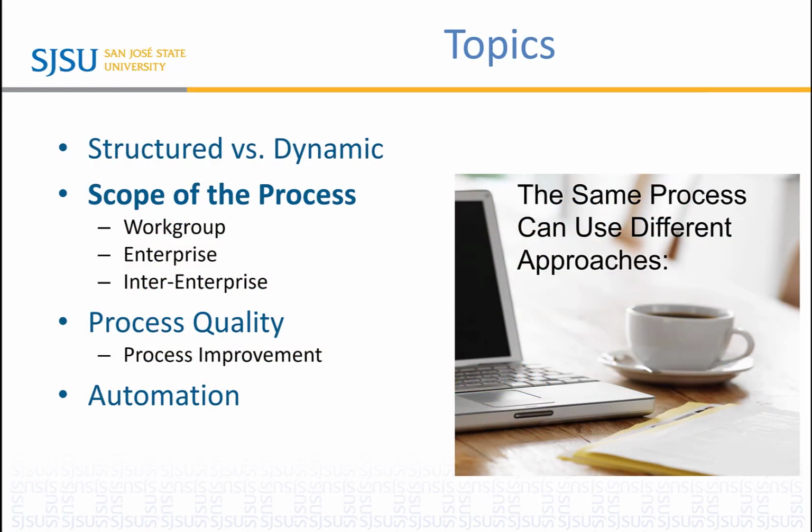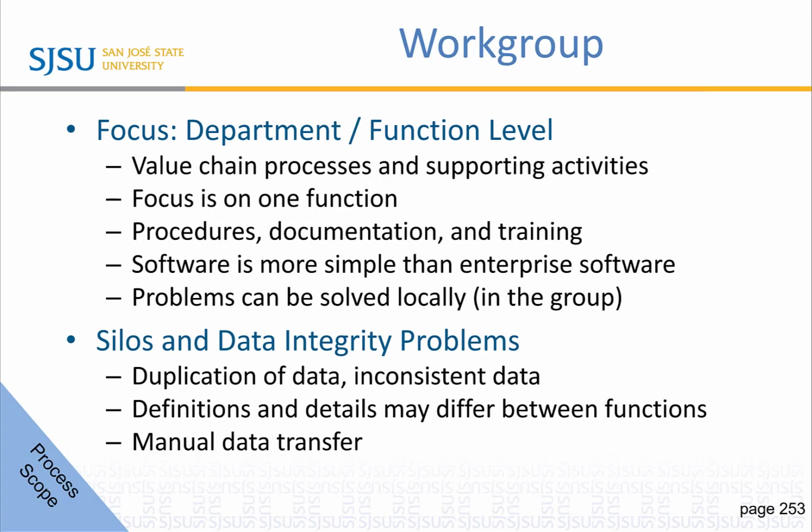The next aspect of processes that we're going to take a look at is what's known as the scope of the process, whether it's a work group or an enterprise process or even an inter-enterprise process. The advantage of work group processes are that they're simpler and the information systems for them are simpler.